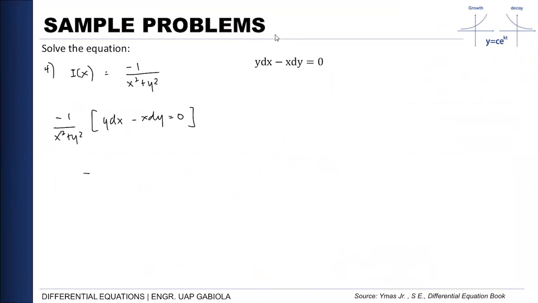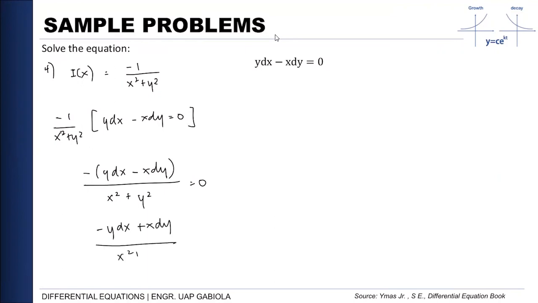Okay, so we have negative y dx minus x dy over x squared plus y squared is equals to 0. Distribute, we have negative y dx plus x dy over x squared plus y squared is equals to 0.